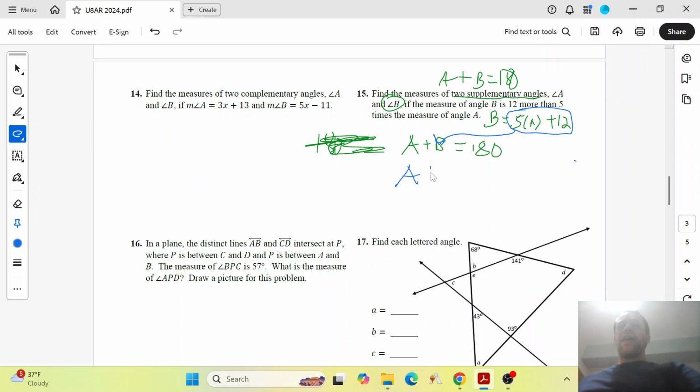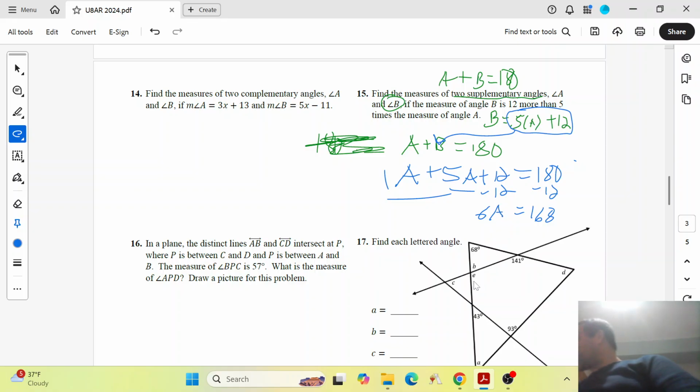So now we have A plus 5A plus 12 is equal to 180. Now we're going to minus 12 on the other side. So that equals 168. And then 5A plus 1A is 6A. So 6A is equal to 168.